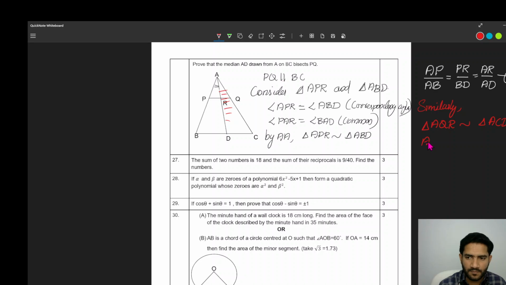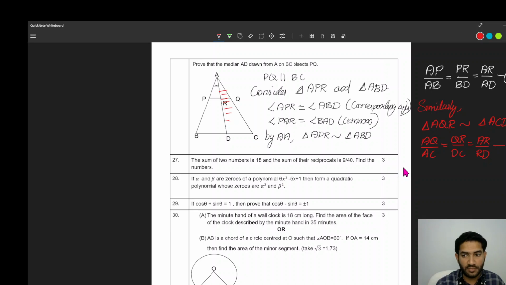That means AQ by AC is equal to QR by DC equal to AR by RD. Now look at here, this is equation number 2.